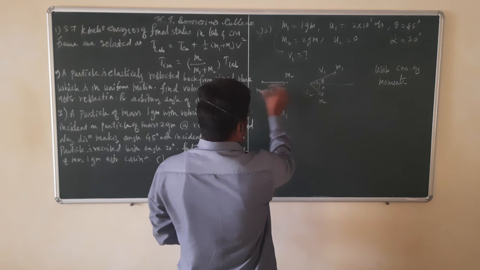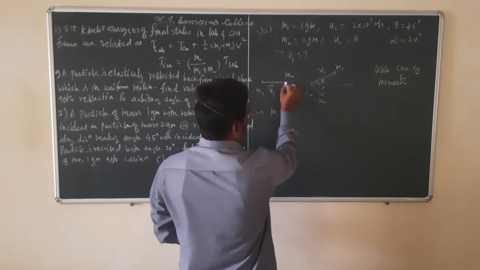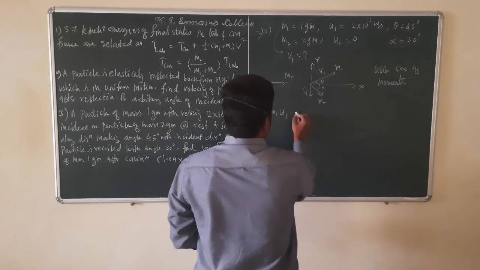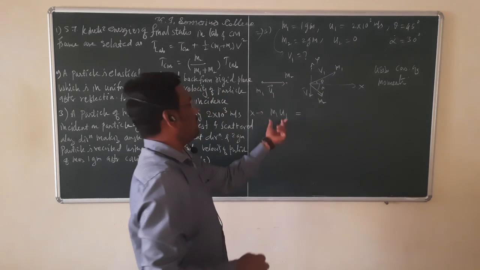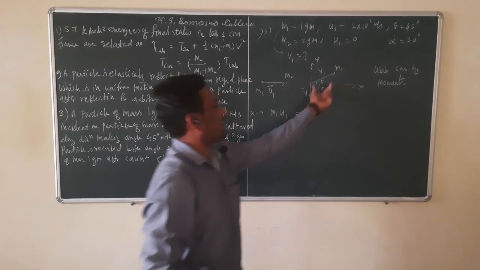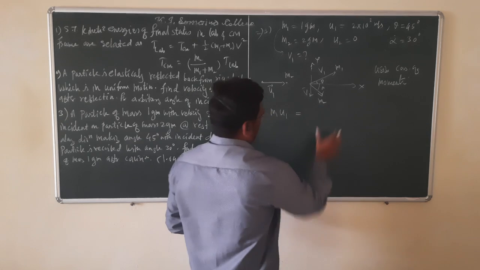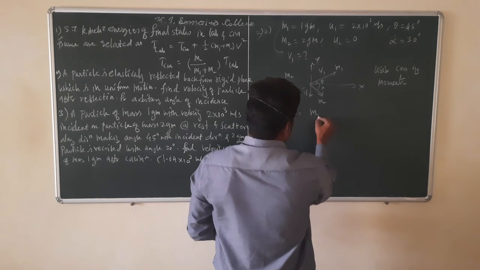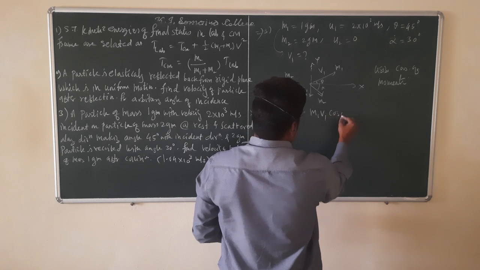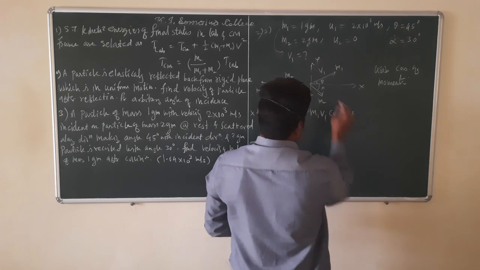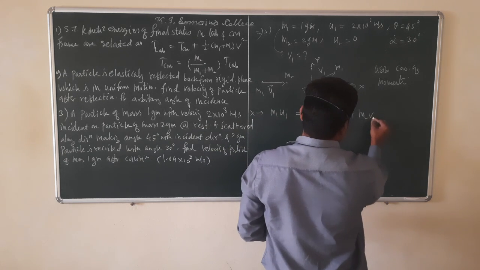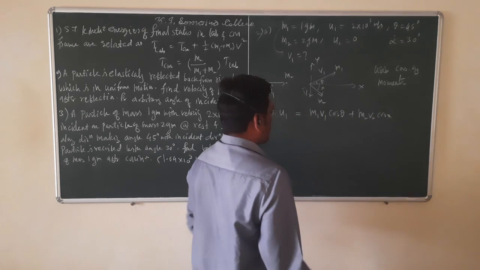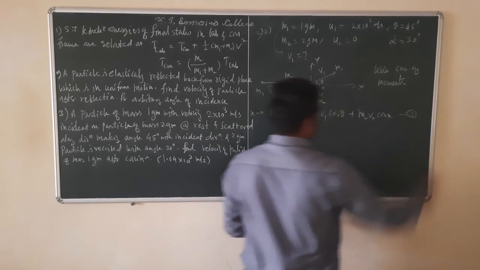It is m1 u1 along the x-axis. This is along the x-axis, and this is along the y-axis. So along the x-axis, momentum m1 u1 is equal to, on the right hand side, the momentum after scattering, which is m1 v1 cos theta plus m2 v2 cos alpha. This is the first equation.